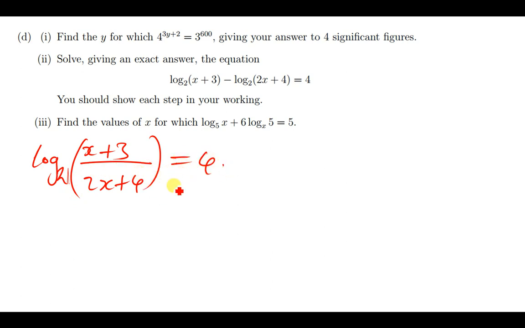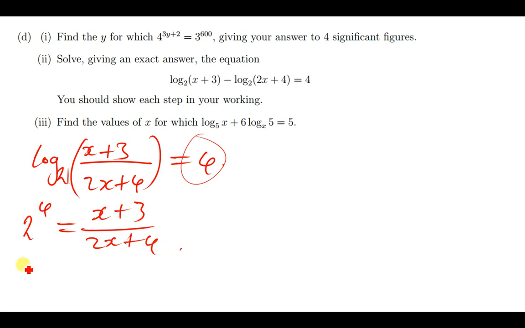So we convert this to exponential. Converting this to exponential, the base is 2, the power is 4, and this is equal to x plus 3 over 2x plus 4. So this will give us 2 to the power 4. This is 16. 2 times 2, 4 times 2, 8 times 2, 16. So we have 16 this side is equal to x plus 3 over 2x plus 4.